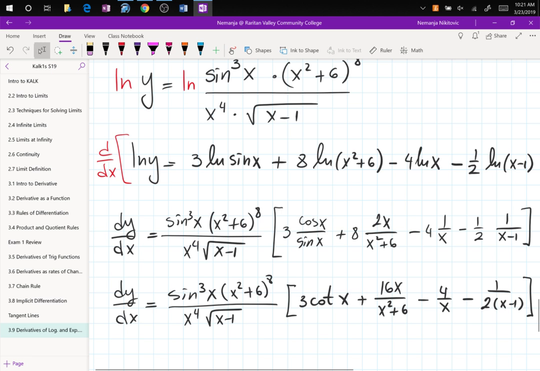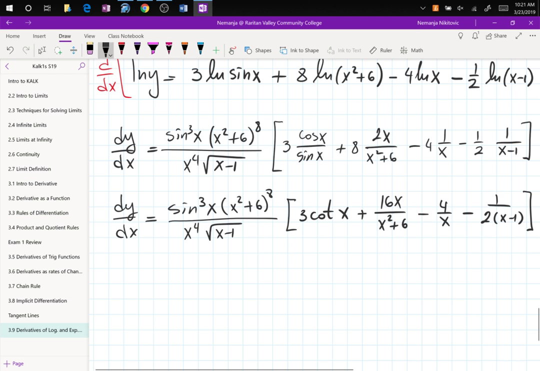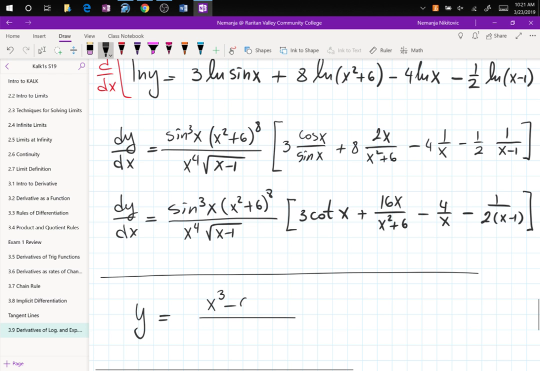So are we ready for the problem that I gave at the beginning? What was that one? y equals something. x cubed minus 6, all that to the 5th power. Okay. And then the 4th root of sine x. Over x squared cotangent 3x. Cotangent 3x, not cubed, right? It's 3.